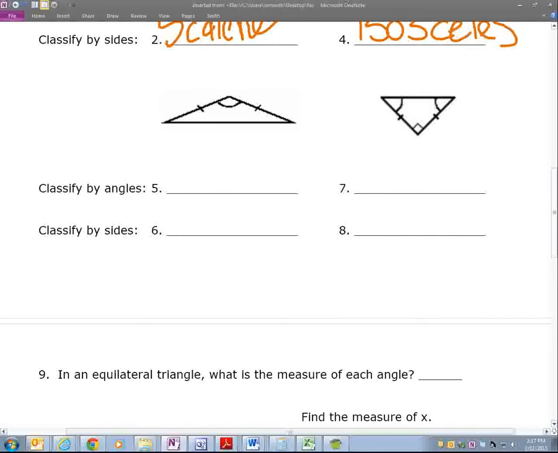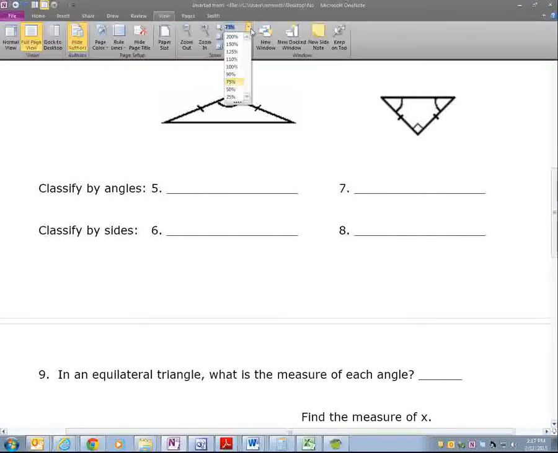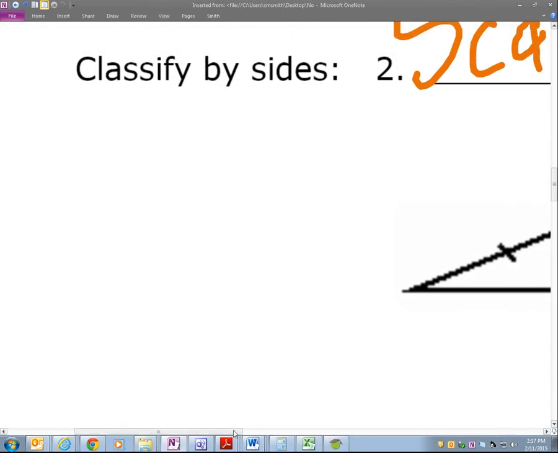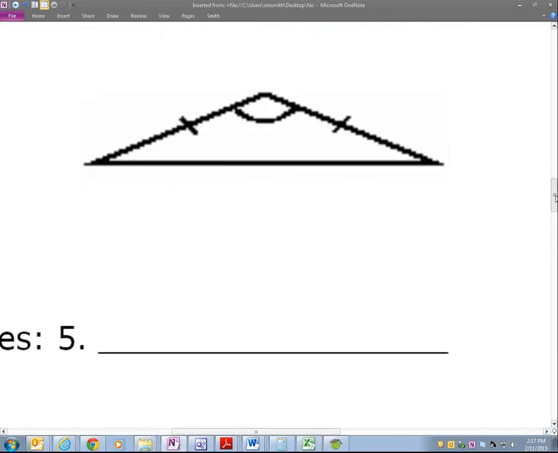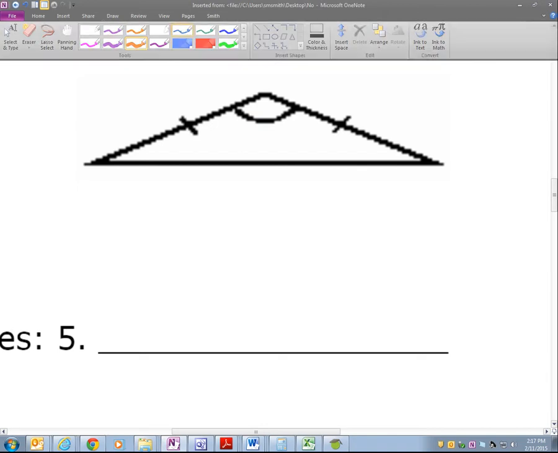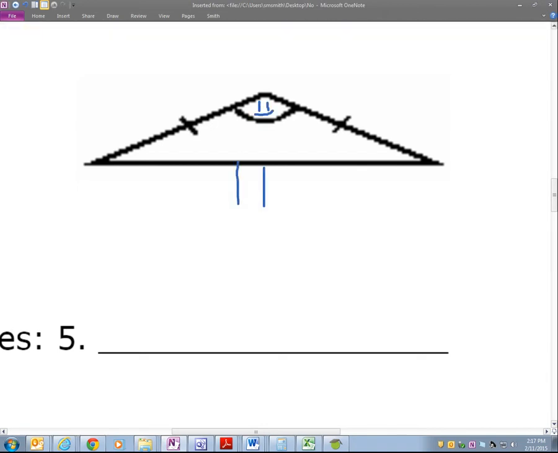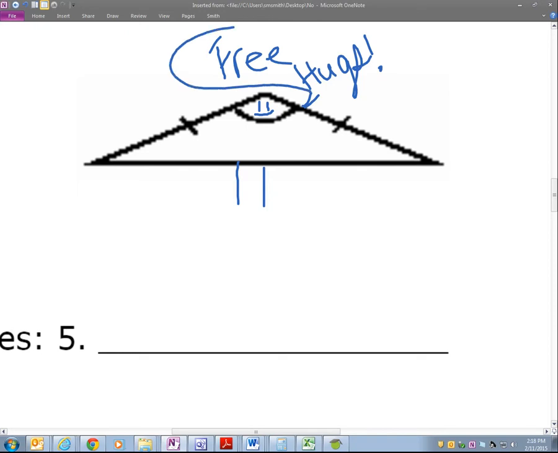Now, with this one here, what are these things?